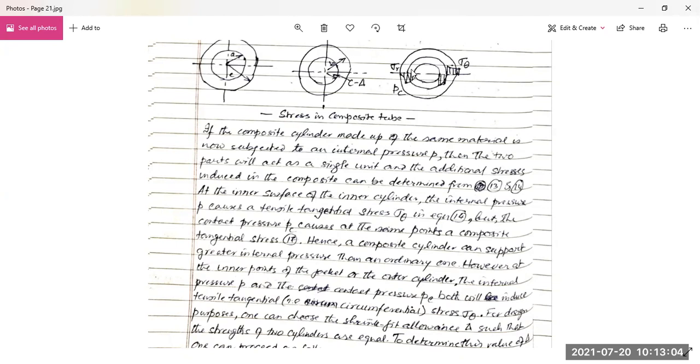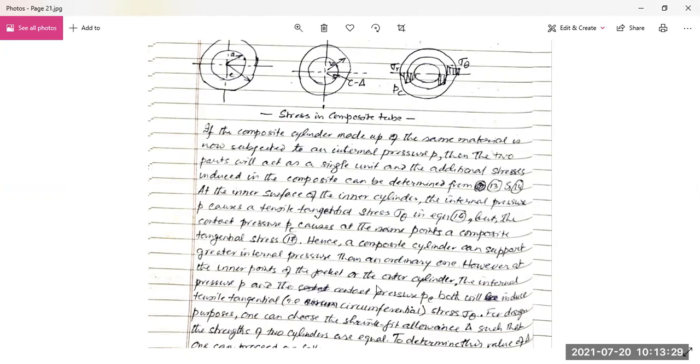If it is a composite cylinder like this, then this compressive stress reduces to a certain extent the tensile stress created by the internal pressure. That's why a composite cylinder can sustain a much higher amount of internal pressure than the single cylinder itself.